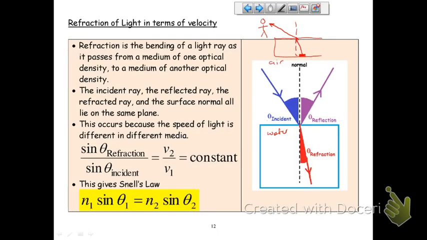Because this is the low refractive index side, and this is the high refractive index side. If the light was going from the low to the high, it would bend towards the surface normal. If it's going from the high to the low, it bends away from the surface normal.